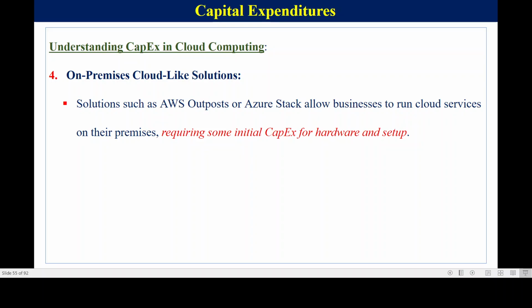Example, government organizations and the defense sector often choose this approach because of strict security and compliance requirements. Capital expenditure impact: the organization still purchases hardware and installs cloud infrastructure. Therefore, initial capital expenditure remains relatively high.